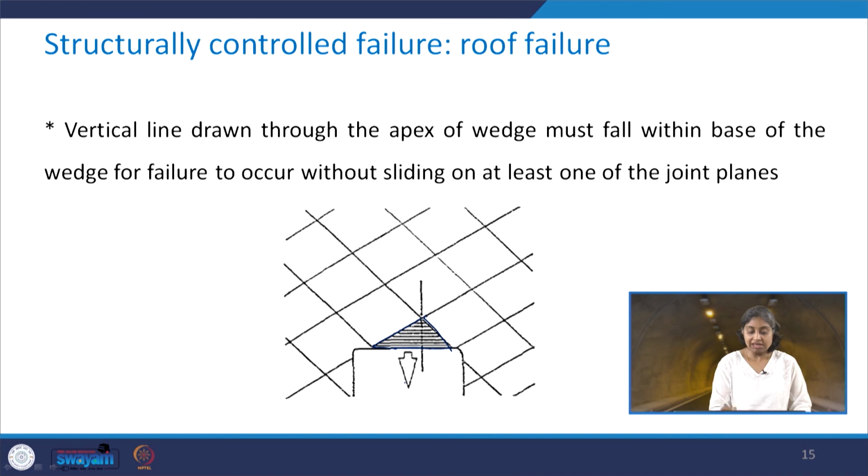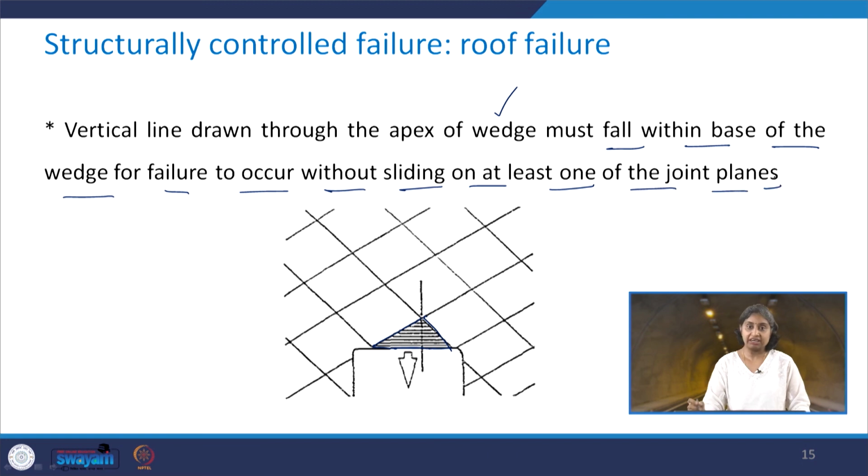The vertical line drawn through the apex of the wedge must fall within the base of the wedge for failure to occur without sliding on at least one of the joint planes. What does this mean?